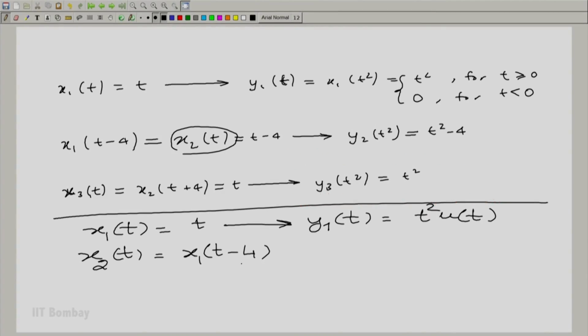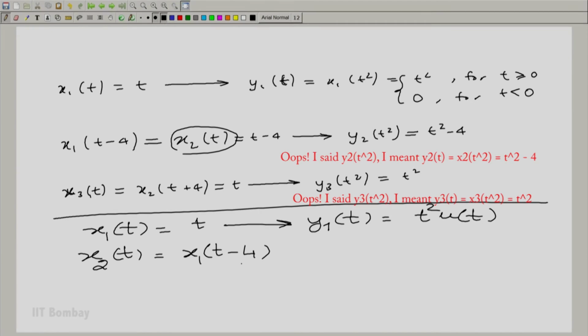Replacing t by t minus 4 means that at t equal to 4, it takes the value that the original signal took at 0. So 0 goes to 4. In other words, you are pushing the signal forward by 4 steps, and then of course everything else gets pushed by 4 steps too.